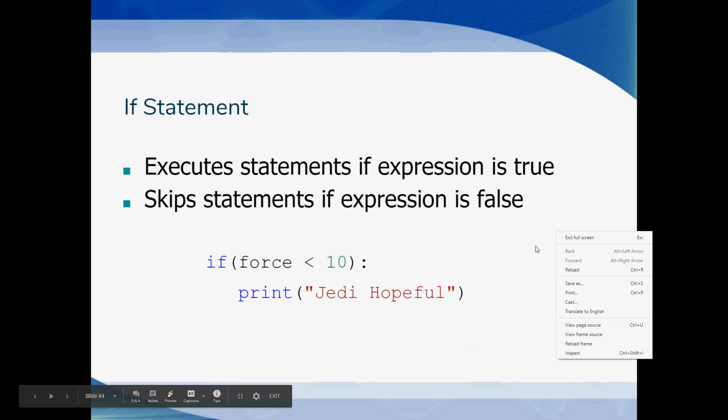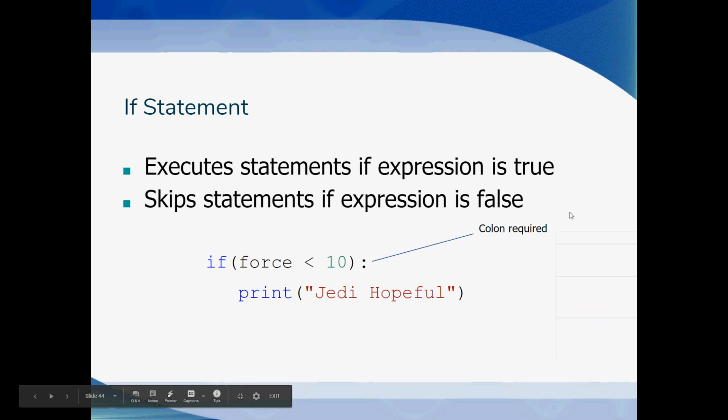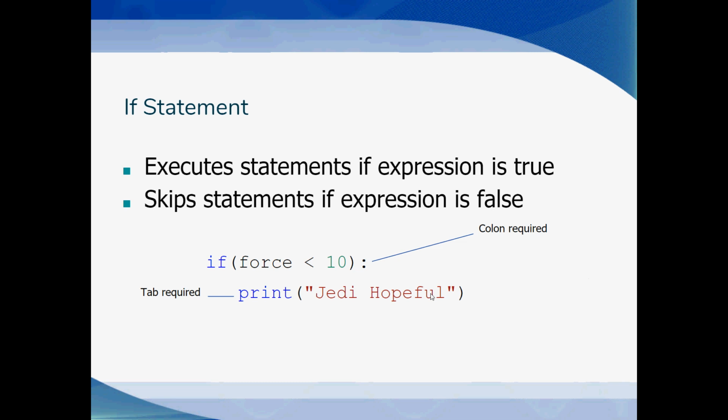Now a couple of things I want you to observe here. You do have to have a colon after your condition. The parentheses are not required. I put them in because other languages have them and I like them there. You don't have to put them in, and I'll sometimes forget them too. But parentheses are not required, colon is required. The other item that's required is this tab right here.